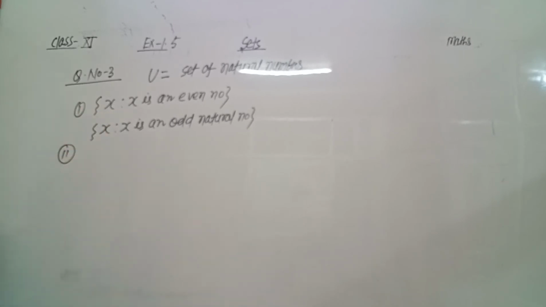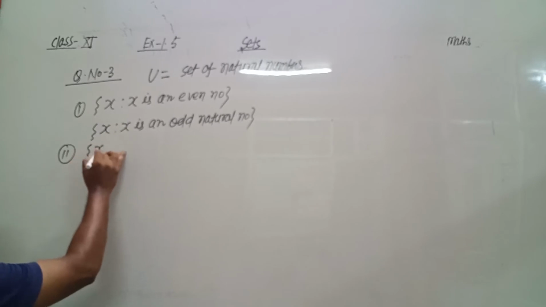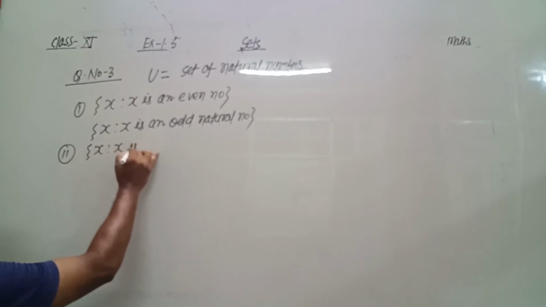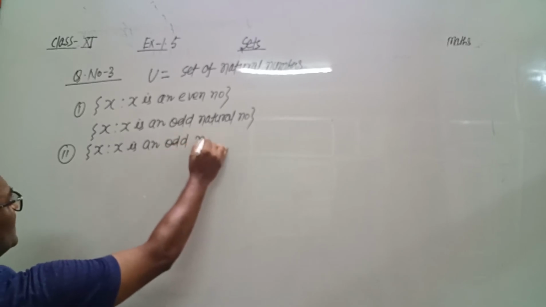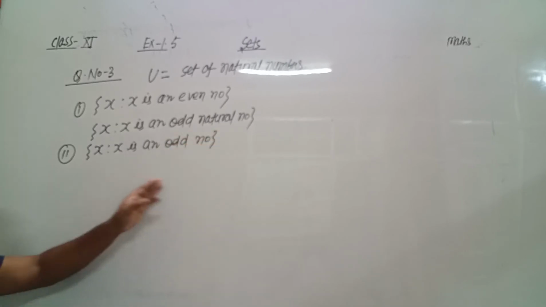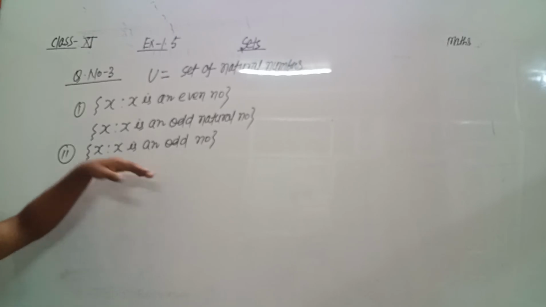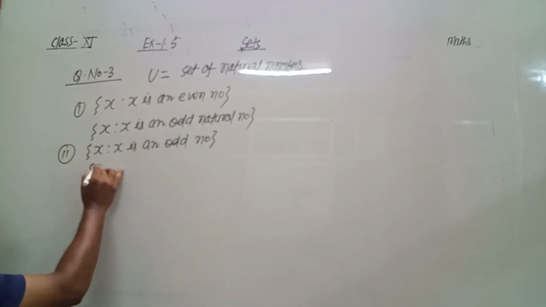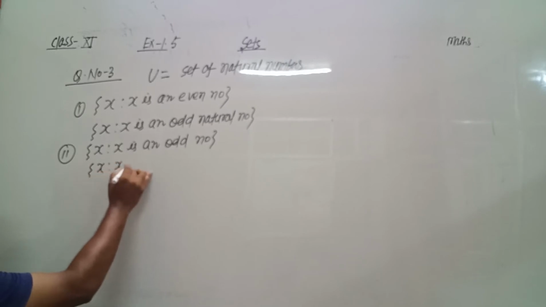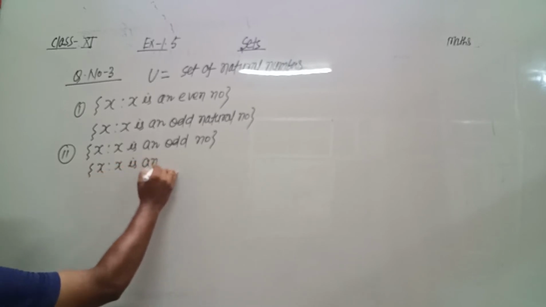Now the second part is {x such that x is an odd number}. Its complement is obtained by subtracting this set from the universal set. So its complement is {x such that x is an even natural number}.